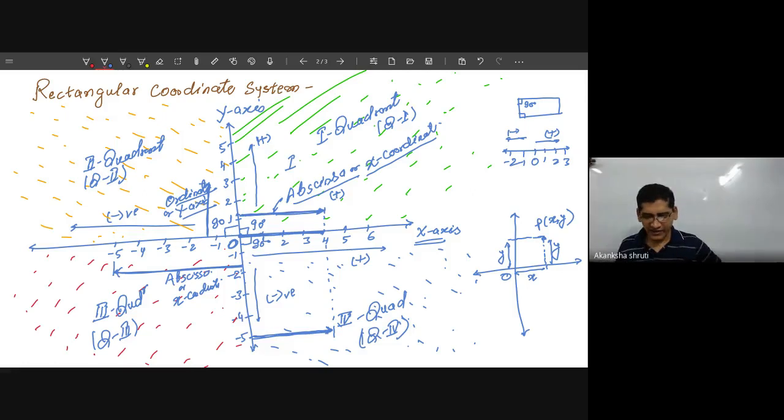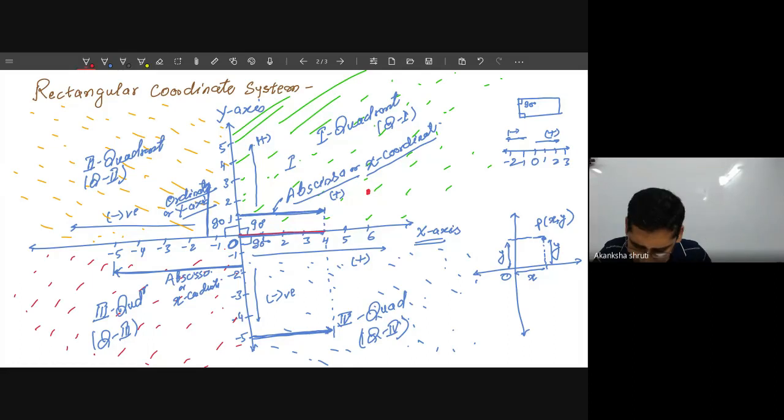So applying the ordinate and abscissa, we can say the sign of x coordinate and y coordinate, or abscissa and ordinate, in these 4 quadrants.